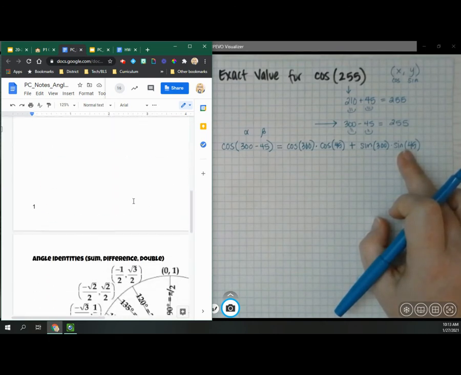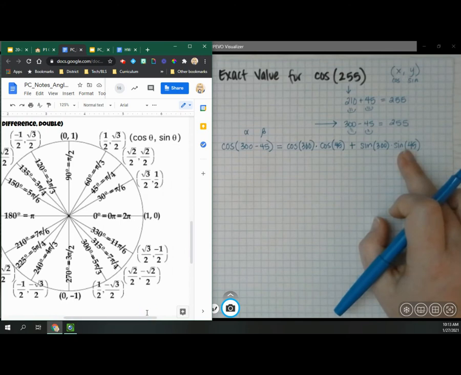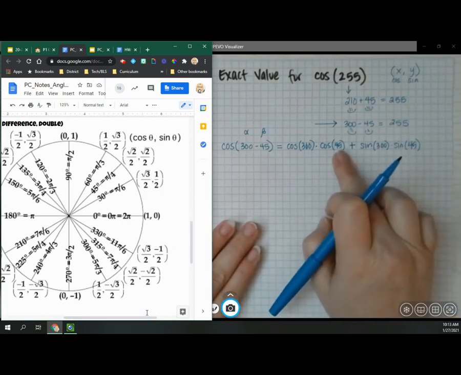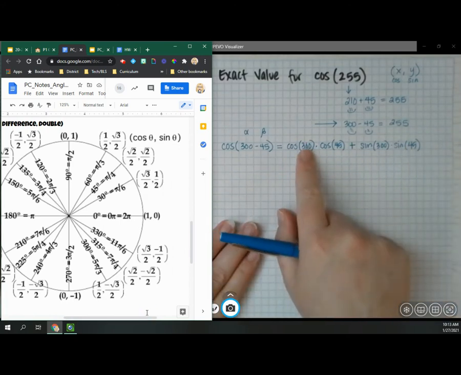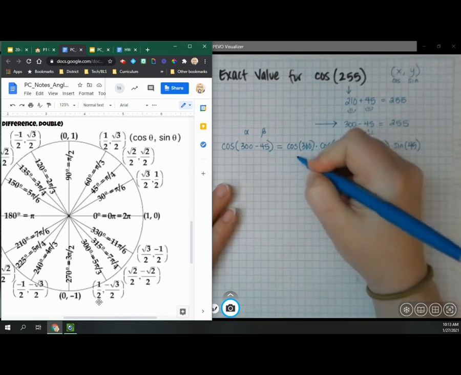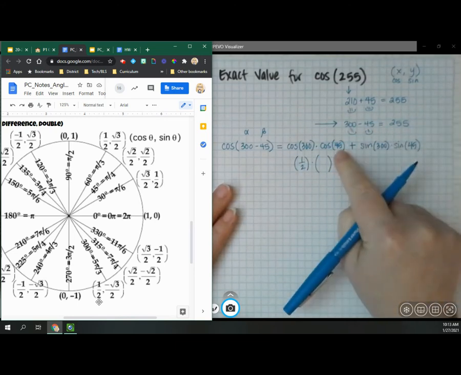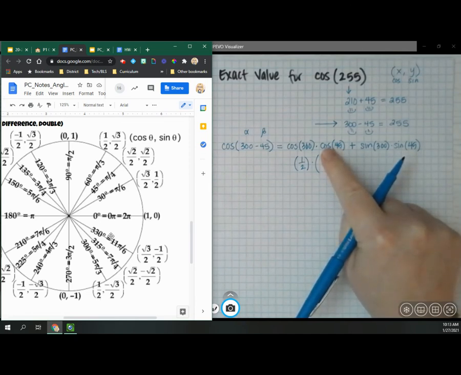Scrolling down to my unit circle on my notes page, I am looking specifically at the 300 and the 45. So let's look at 300 degrees, and I want the x value. So 300 degrees, that's 1/2 for the x coordinate, times, now I'm going to look at 45 degrees, cosine is the x.